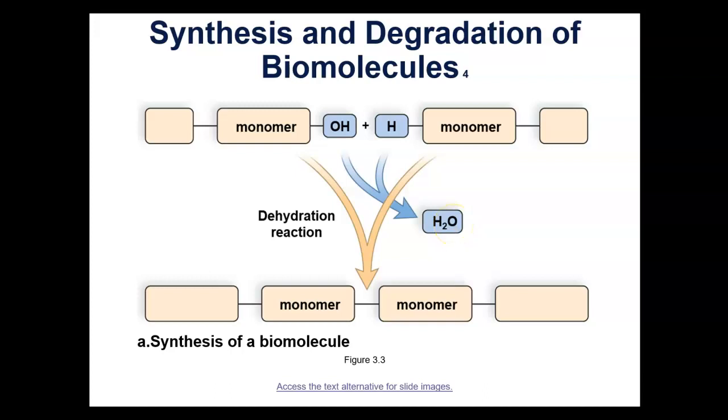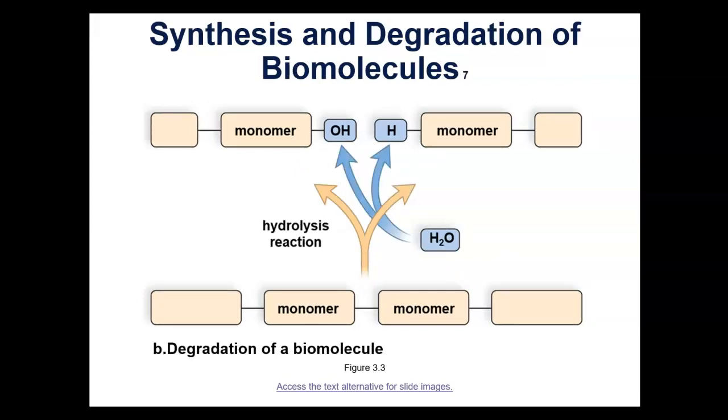So it's called dehydration because water is removed during the reaction, and it's a dehydration synthesis because you are building a larger molecule from two smaller ones. Two monomers join to make a larger molecule.